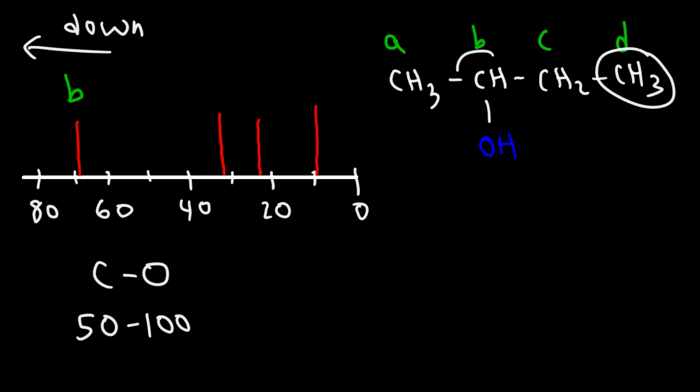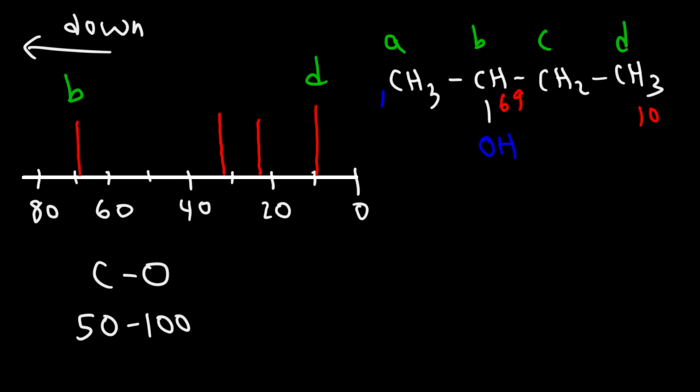It's 2 carbons away from the carbon that has the oxygen. So therefore, we should expect that it's going to be upfield. It's the most shielded carbon. And it is. This is going to be signal D, which has a chemical shift of approximately, I'm going to write it in red, 10. And the chemical shift for the CH group, that was about 69.